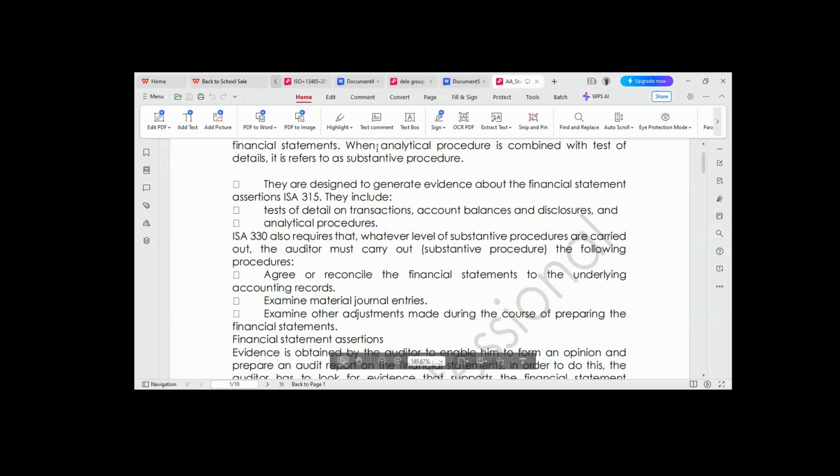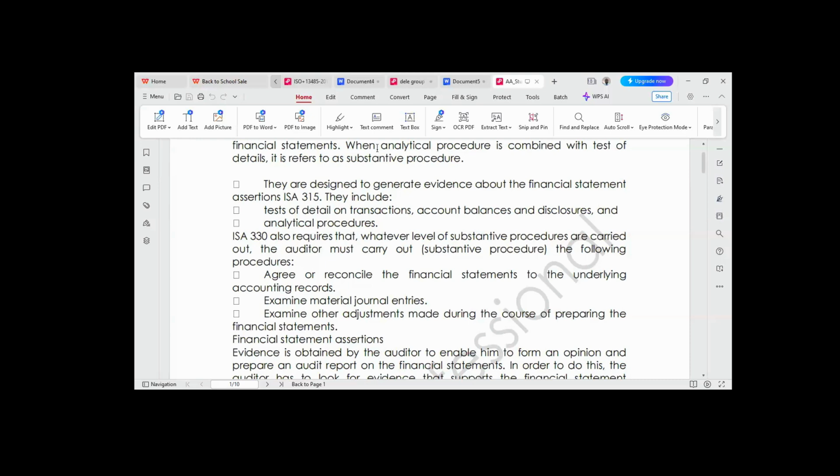Okay. So what I'm saying here is that in the course of evaluating the financial statement, the auditor needs to ensure that all the information he has obtained or gathered from the financial statement is reliable.